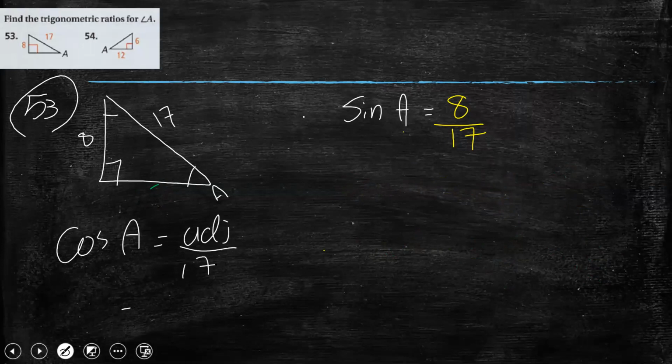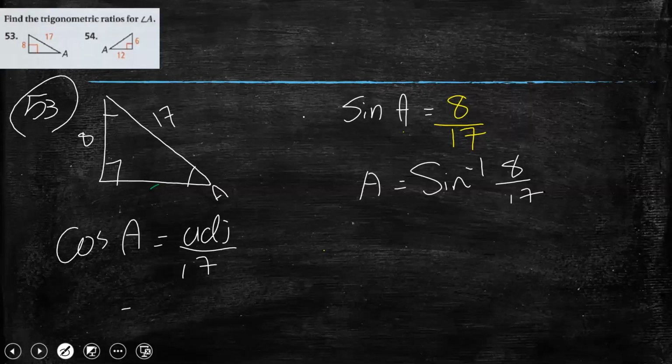Jana told me, try to find angle A, put the sine inverse of 8 over 17. So sine inverse of 8 over 17 gives me the measure of the angle A, which is 28 degrees.